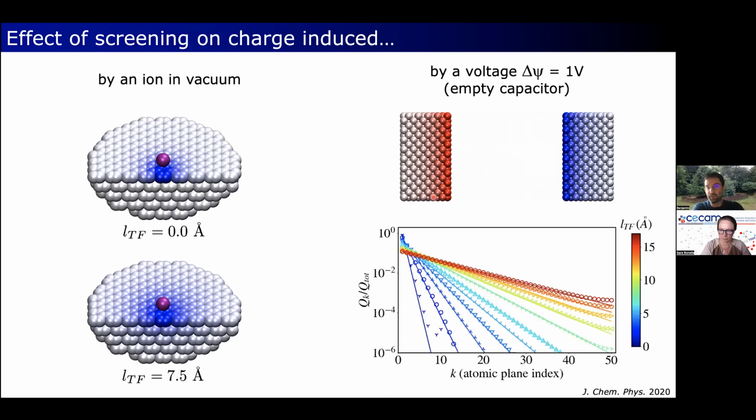For the same model of gold electrodes, not changing the geometry, but simply tuning the width of this Gaussian, it changes quite a lot the capacitance of the interface, and it also changes how ions adsorb on the surface. So in principle, this is another way of tuning the metallicity. And in principle, it would be good to parameterize that in ab initio calculations. Yeah, ab initio, right? DFT, yeah. All right, thank you.